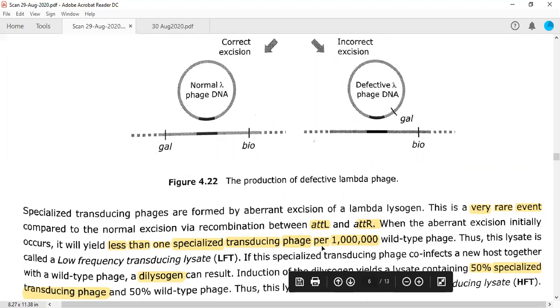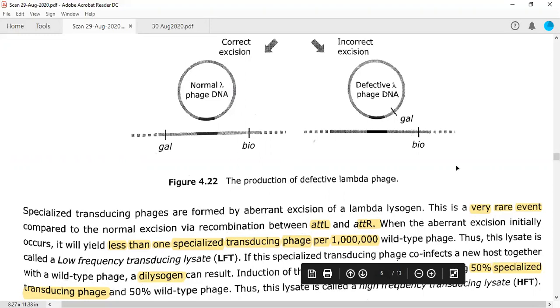phage particles. Once this aberrant phage is formed, if the specialized transducing phage co-infects a new host together with a wild type phage, as we have studied earlier, double infection, a dilysogen can result.